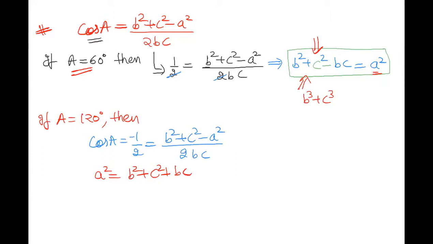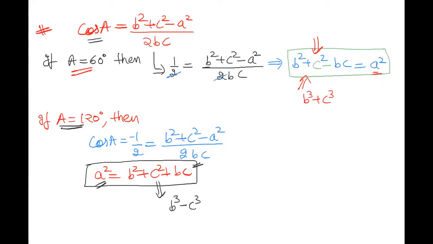This is also important. This term is involved in the formula of B cube minus C cube. The B cube minus C cube formula is B minus C into B square plus C square plus BC. So if this is equal to A square, then I can say the A value must be 120 degree. These are the types of manipulations.